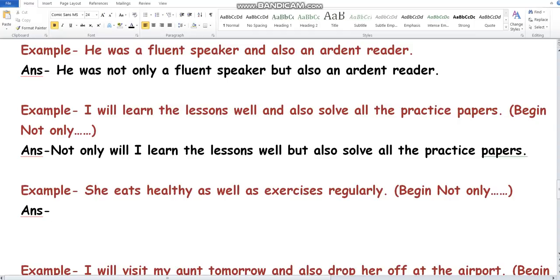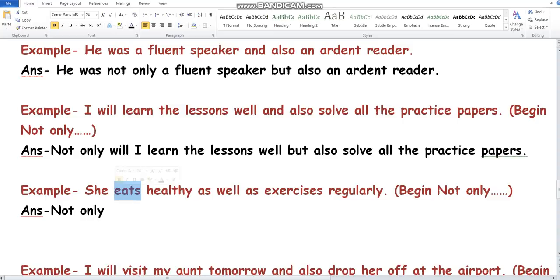Next, she eats healthy as well as exercises regularly. Not only, the sentence, the question is in simple present tense. Again, be careful. And this is the reason why I am giving you different sentences in different tenses. So, she eats healthy as well as exercises regularly.